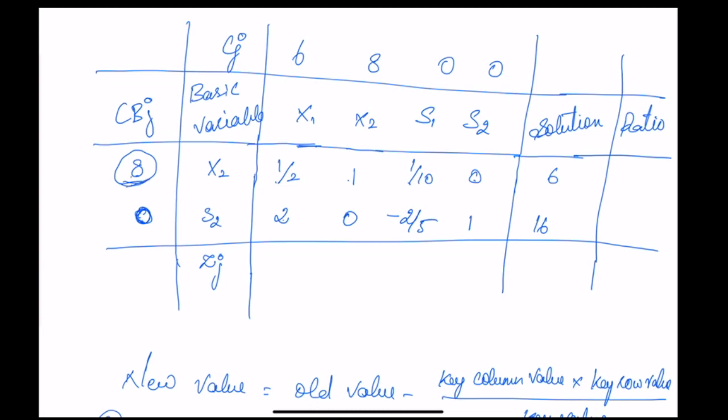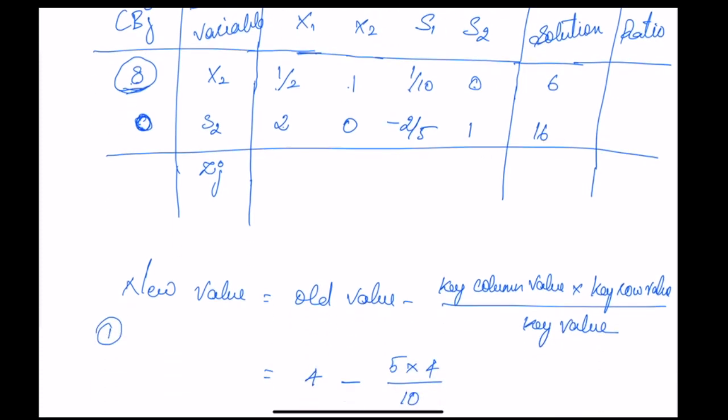It is enough that we multiply this 8 throughout. So 8 into 1 by 2. To be more clear, what I am going to do is first 8 into 1 by 2 plus 0 into 2.